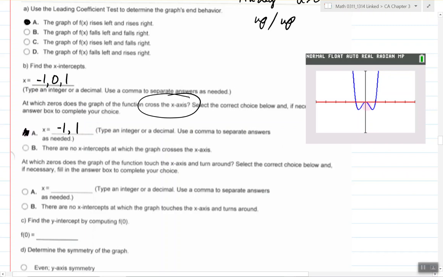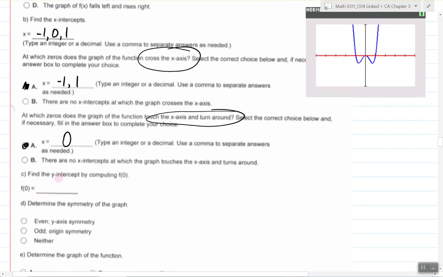At 0, it comes up, touches, and bounces away. So where it says touches and turns around, that happens at 0. That is multiplicity 2. And f of 0, which is the same as the y-intercept, is 0.